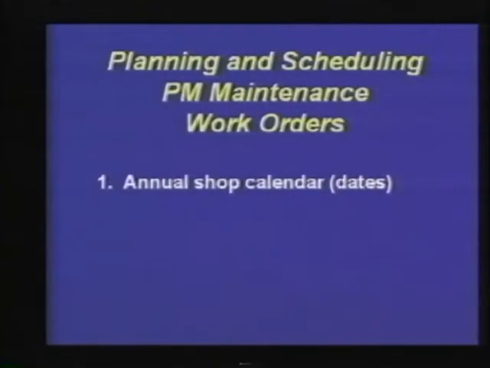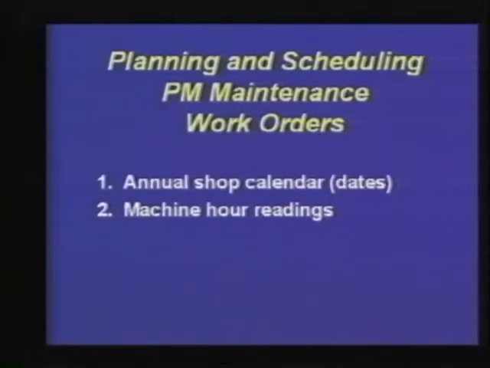First, we have an annual shop calendar. That's a fixed date. I do certain activities daily, lubrication, do certain things weekly, and then monthly, semi-monthly, quarterly, semi-annually, and so forth. Those are fixed frequency codes.